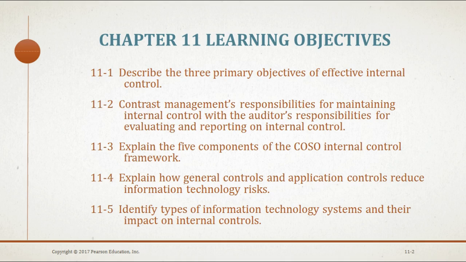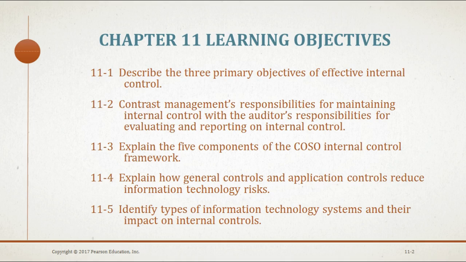You should be able to describe the three primary objectives of effective internal control, contrast management's responsibilities for maintaining internal control with the auditor's responsibilities for evaluating and reporting on internal control.